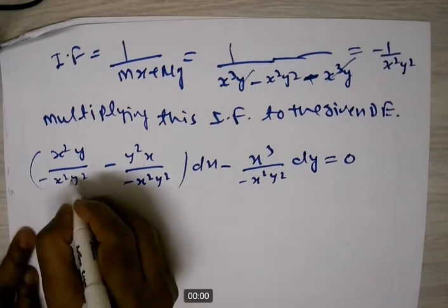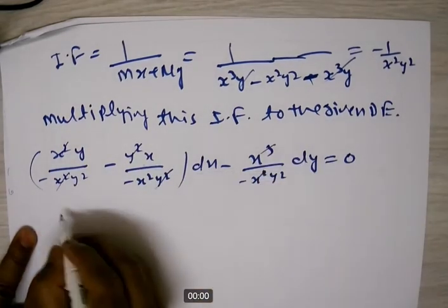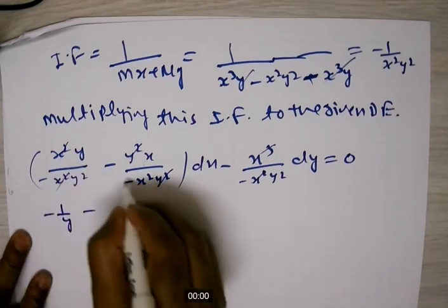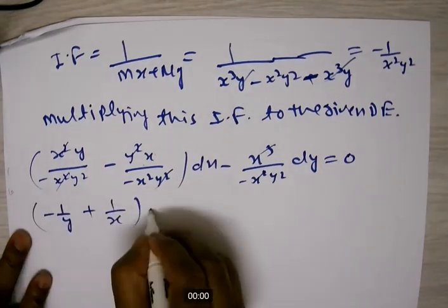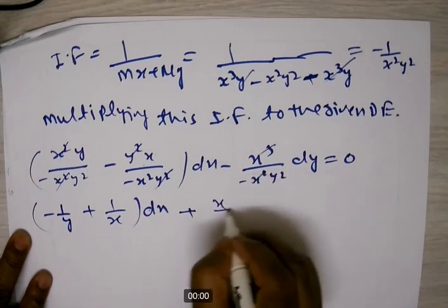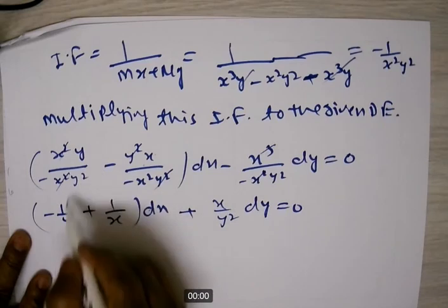Now simplify, the y square and x cancel. What is the remaining part? Minus 1 divided by y dx plus x divided by y square dy equal to 0. So see that, this one is correct.